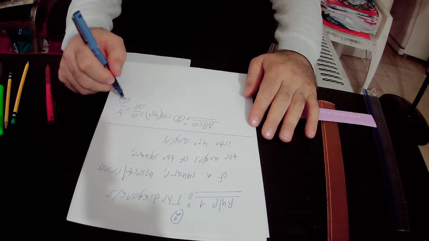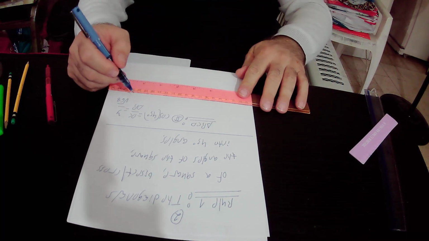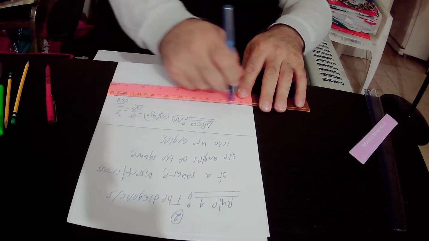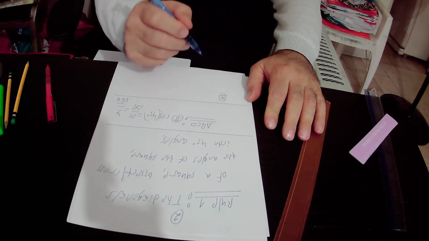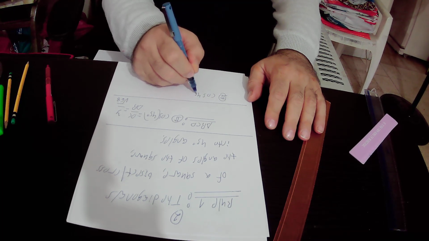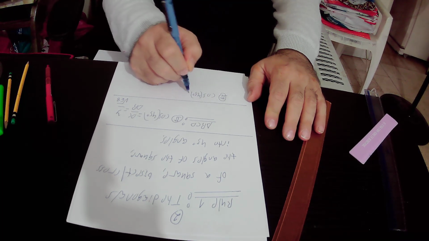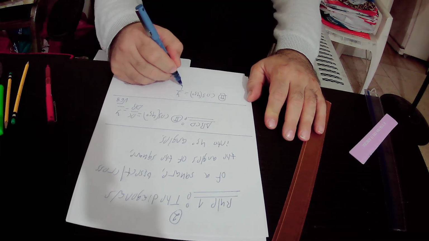In total, according to equation number 2, cosine 45 degrees equals y over the square root of 68.